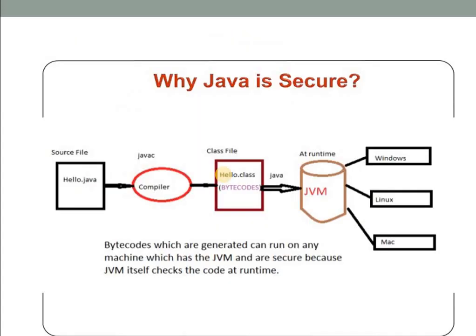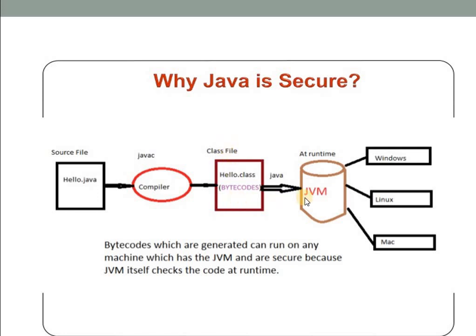So first we shall see how the compilation happens in Java. Here you can see a source file, that is the portion where I am writing the Java program. Here I have written the Java code hello.java, and there is a compiler, javac, which compiles this source code, and that source code will get converted to bytecode, and this is our class file.